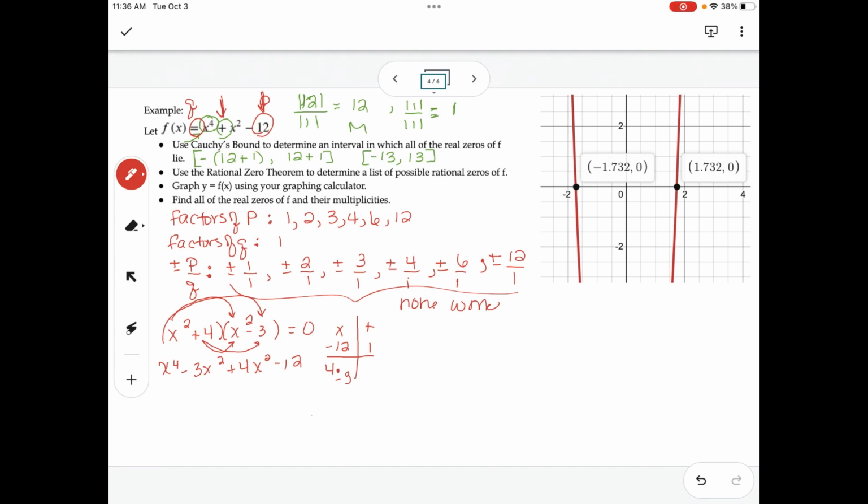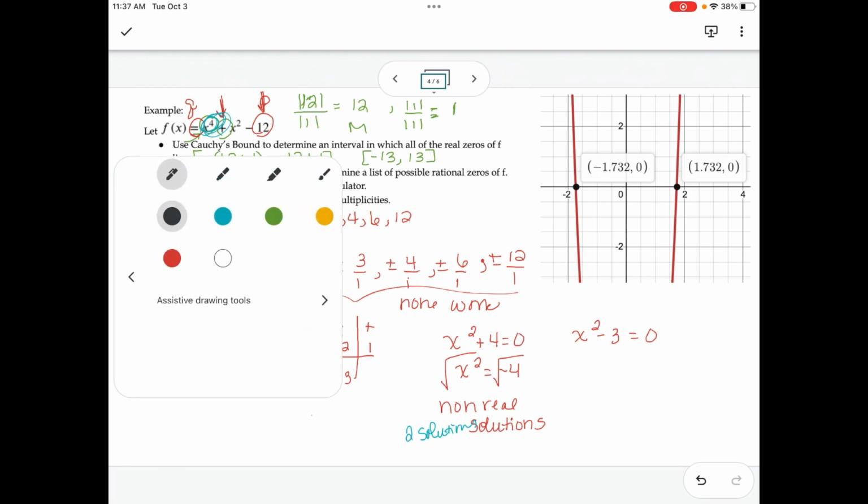All right, now that we've got it factored, we can set each factored piece equal to 0. So I have x squared plus 4 equals 0 and x squared minus 3 equals 0, and then solve each one independently. So I'll have x squared equals negative 4, and when I take the square root, oh, we have a problem. These are non-real solutions. So of the 4 solutions we need to have, 2 of them are non-real, and we're going to deal with that during Thursday's lesson.